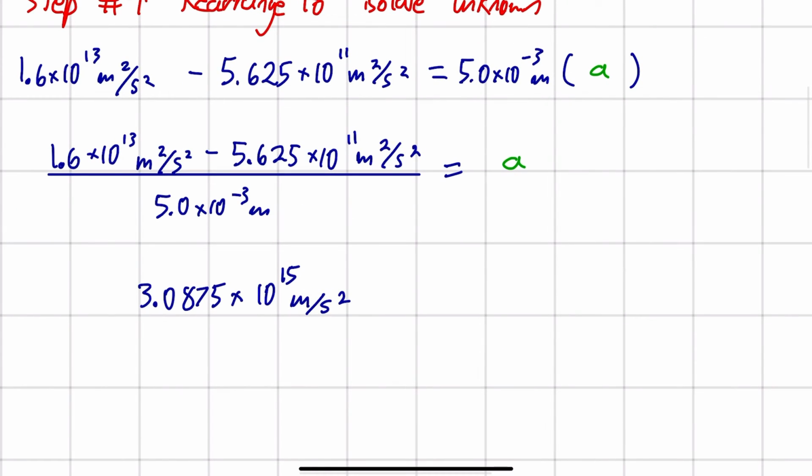Keep in mind the units. Here we have meters squared per second squared, and that's divided by meters, so that will get rid of the meters squared and turn it into meters. So our final units here will be meters per second squared, and that is what we are looking for in acceleration. That is the correct units for acceleration.